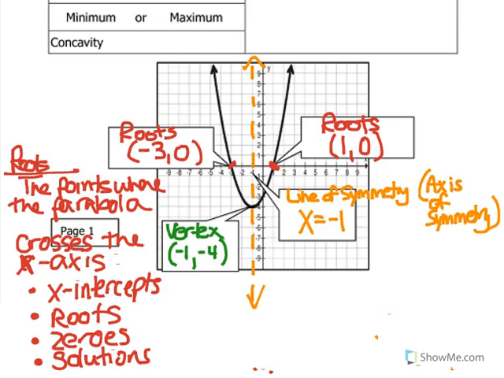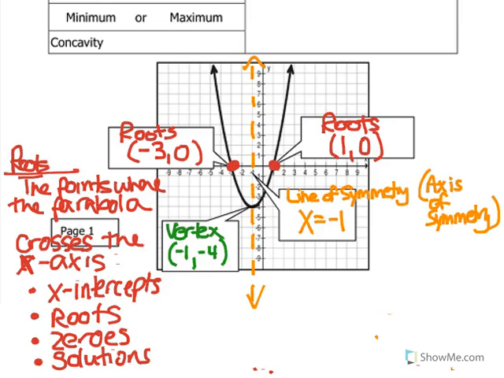All four terms can be used interchangeably, and on STAR tests as well as quizzes and unit tests, we could ask you using any one of those words, and we still mean these 2 points, the points that cross the x-axis on the parabola. Okay, so there's your vocab on the parabolas.